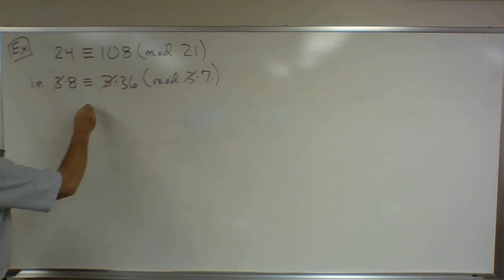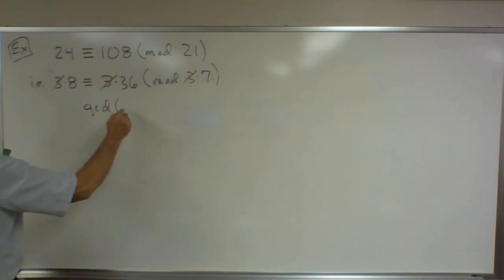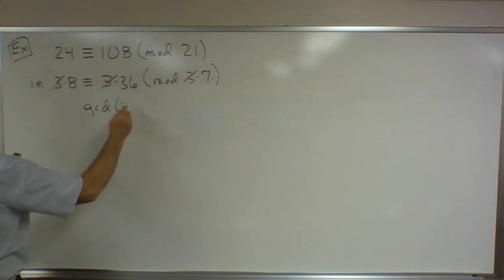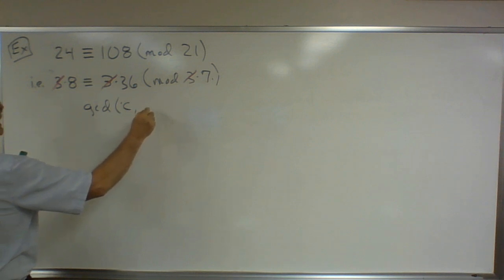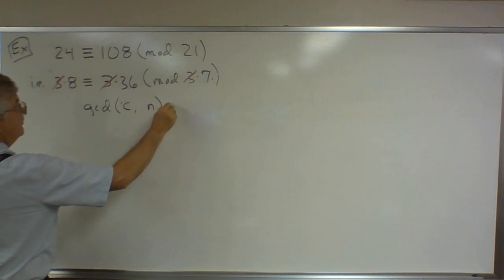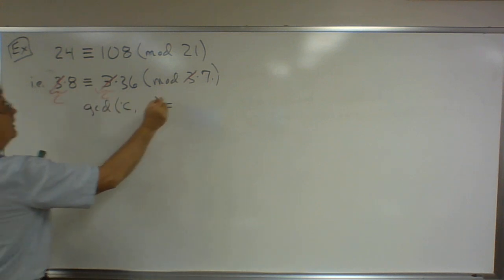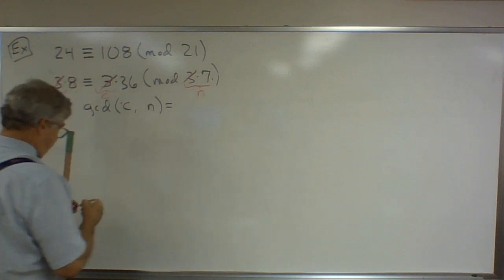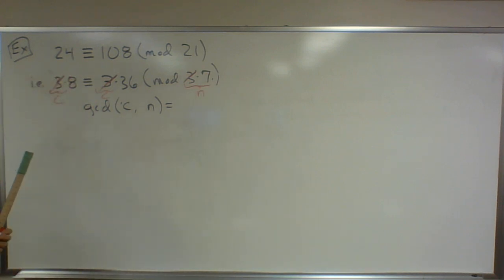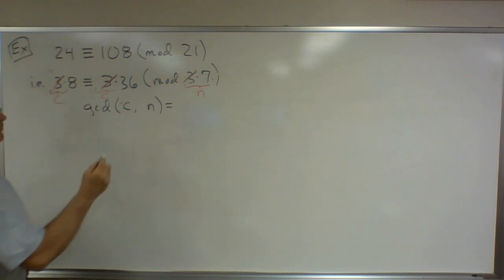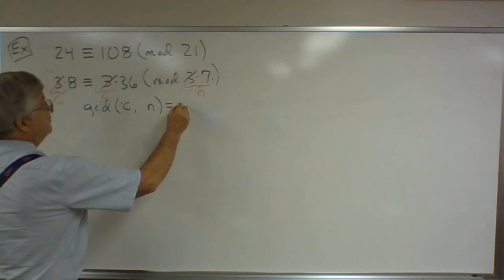And I should note, the greatest common divisor of C and N, here's C and here's N, is 3.